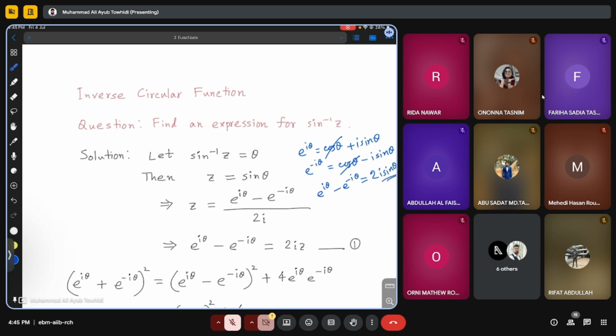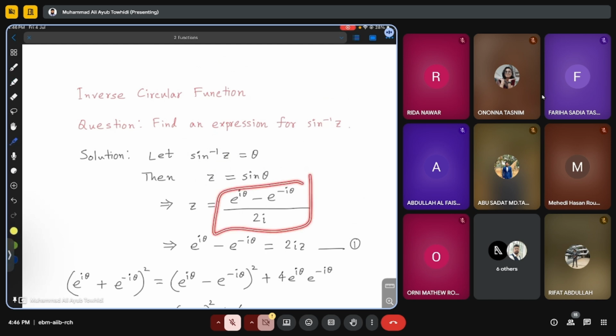So sine theta becomes, just send this 2i to the other side, e to the power i theta minus e to the power minus i theta by 2i. This is the definition of sine theta. Remember? This will be required very often in the course. So you have to at least remember the basic Euler formula, or even better the definition of sine theta and cos theta. Like this one, sine theta equal to this. You can directly say this.